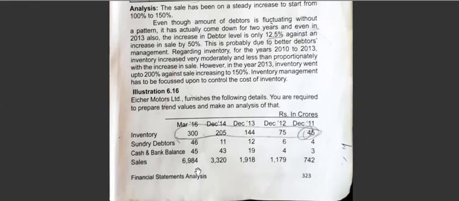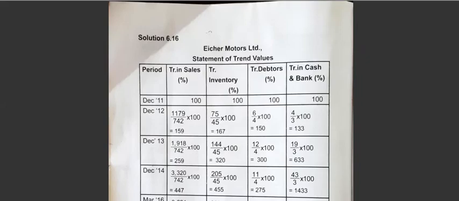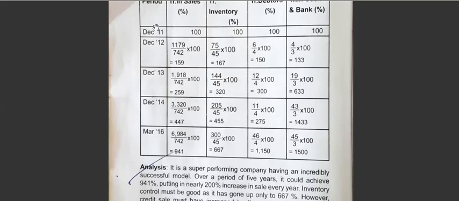Okay, like that. Then bank also, cash also you have to take. Each item you will take and calculate the values. Now what happens to the sales?